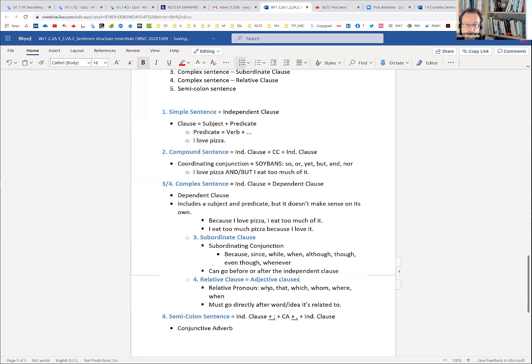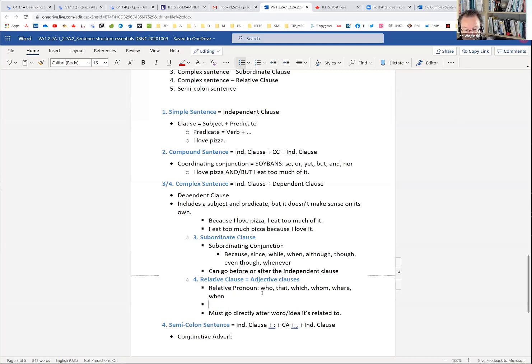So adjectives go before a noun. If I say I have a big dog, big is an adjective, it goes before the noun dog. If I have a more complicated modifier for a noun, it needs to go after the noun.